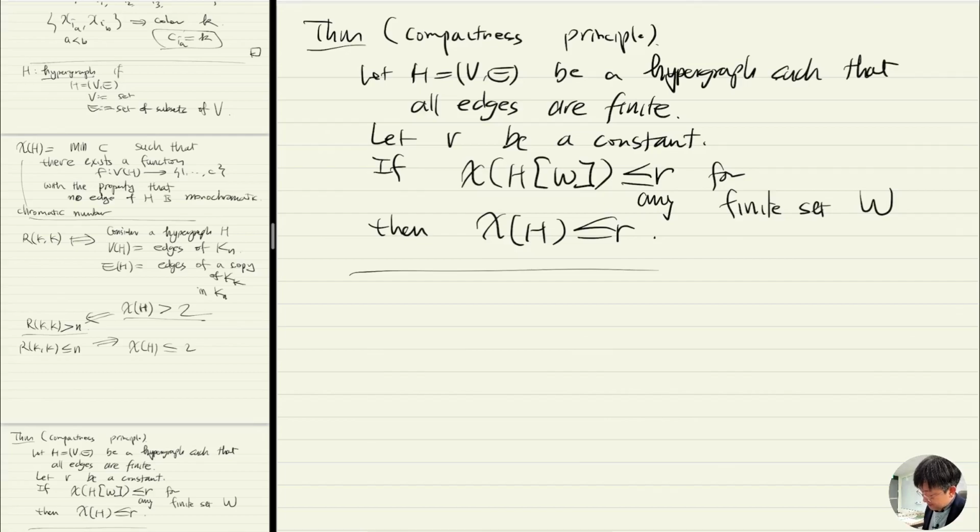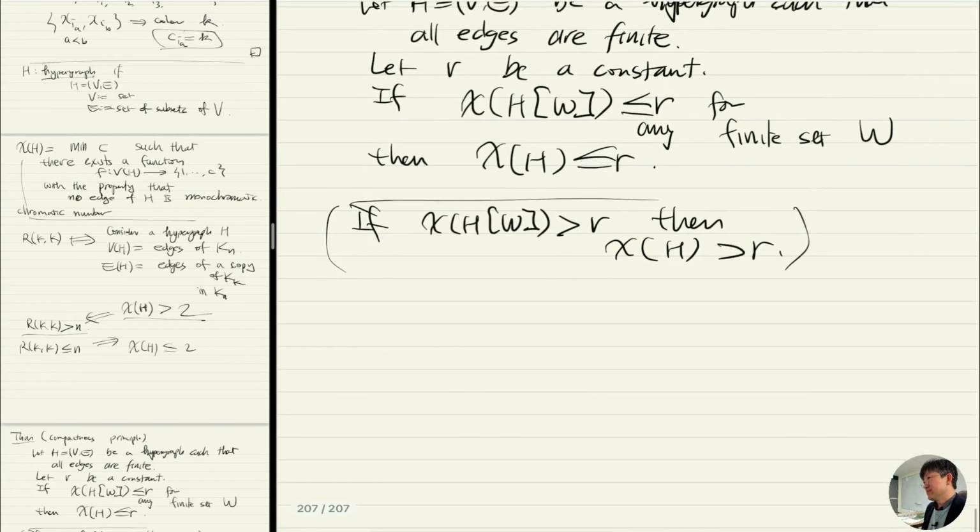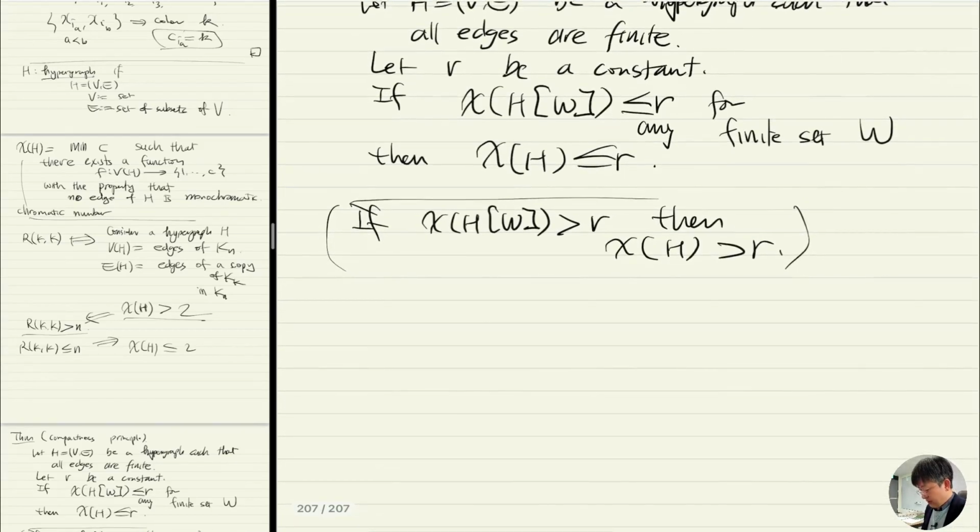Right? Now, a more convenient form for us is the following. If the chromatic number of all induced subgraphs is bigger than R, then the chromatic number of the whole graph is bigger than R. Oh, no, the other way around.